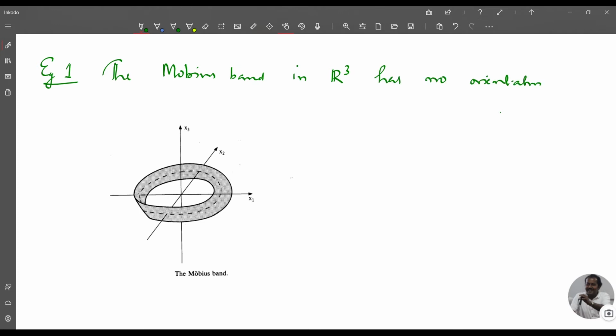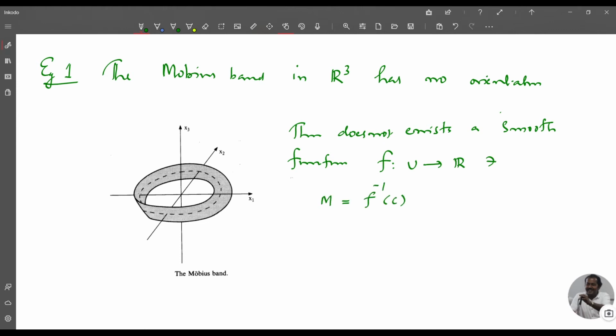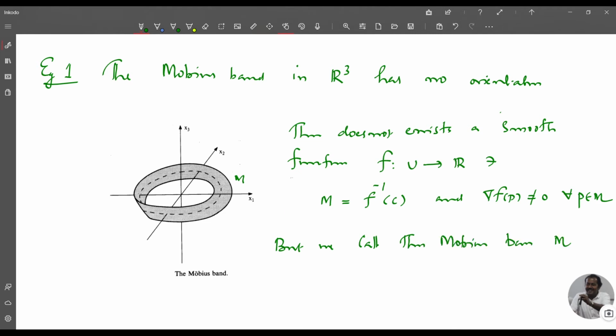There does not exist a smooth function f from U to R such that M, the Mobius band, equals f inverse of C and del f of p is not equal to 0 for all p in M. Therefore, according to our definition, M is not a surface, but we call the Mobius band M an unorientable two-surface.